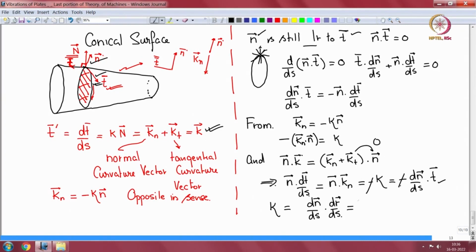So I can write this now as dn dotted with dr divided by dr dotted with dr, since this is ds square. So now what?